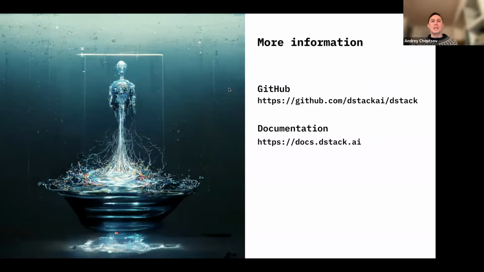Yes, I actually see the comment here telling that it was correct. So yes, it's done automatically. Once your workload is finished, dstack will deprovision the hardware. You just need to exit the process.